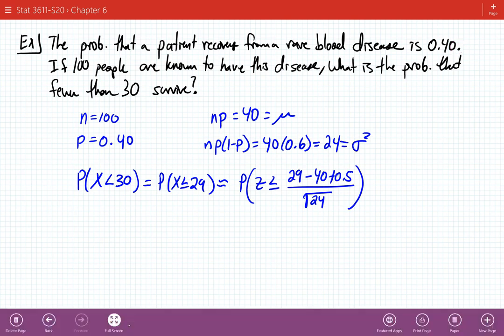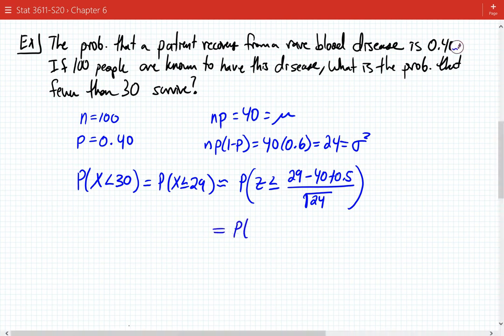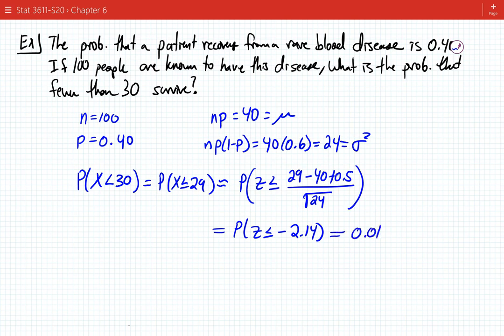We need to run that number through a calculator and look at the probability that a standard normal random variable is less than or equal to negative 2.14. At this stage we can figure out that probability using the tables. We should get 0.0162.